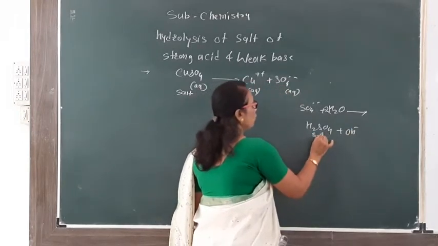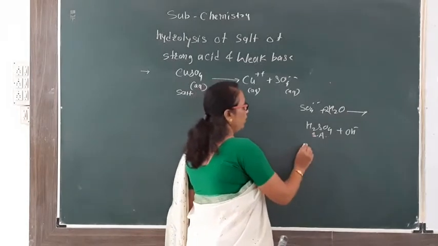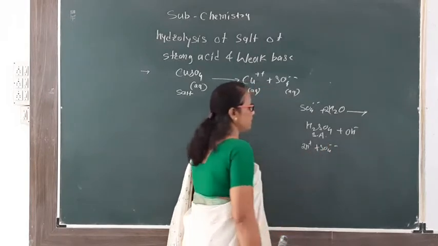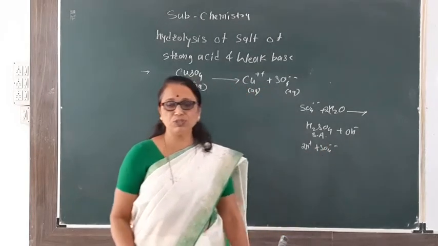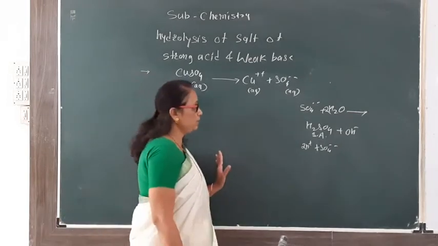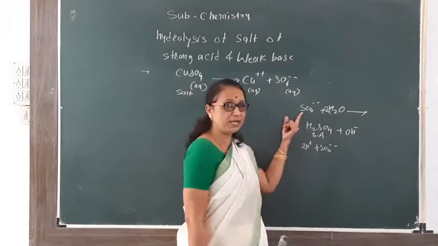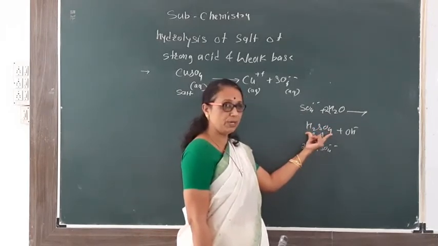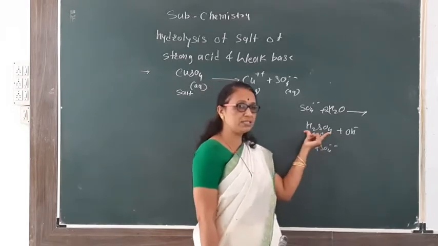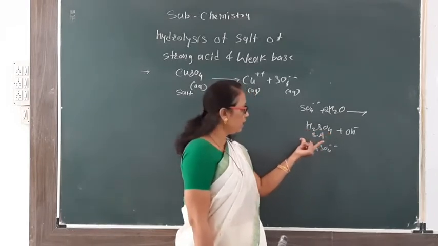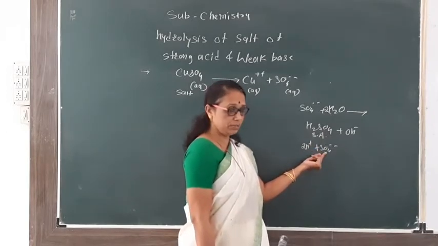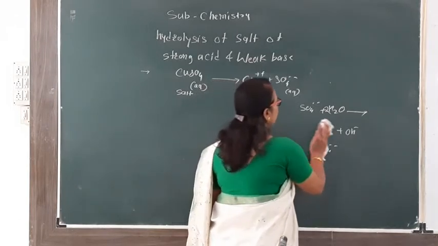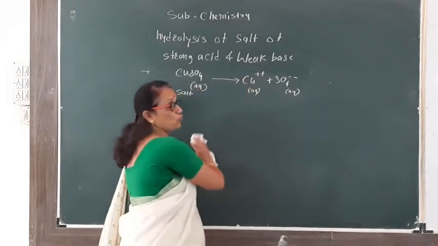As this H2SO4 is a strong acid, it again completely dissociates as 2H+ and SO4-- ions. Again this H+ combines with the H2O to form H3O+. That means if SO4-- ions combine with the water, there is a formation of H2SO4, but as H2SO4 is a strong acid, it dissociates completely. Again there is a formation of the SO4-- ions back. That means the SO4-- ions do not react with water.